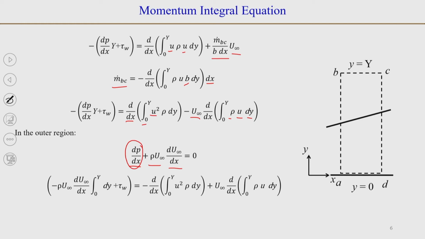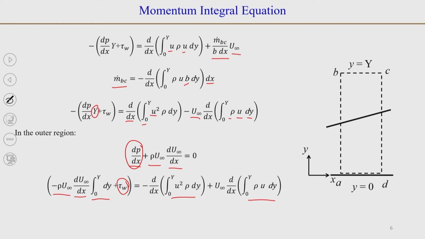So, we will do that, and we can replace dp by dx by minus rho u infinity du infinity by dx, and in place of y we will now write it as 0 to capital Y dy, because we have those integrals everywhere except in tau w; everywhere we have integrals from 0 to y.